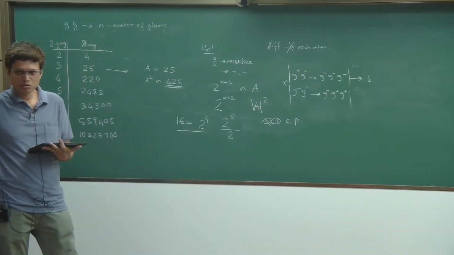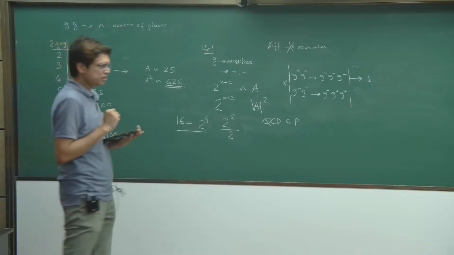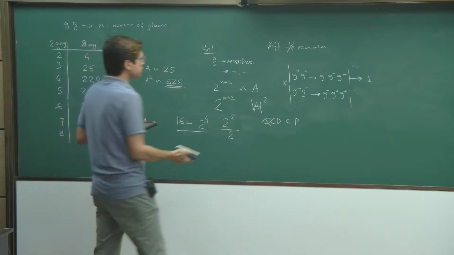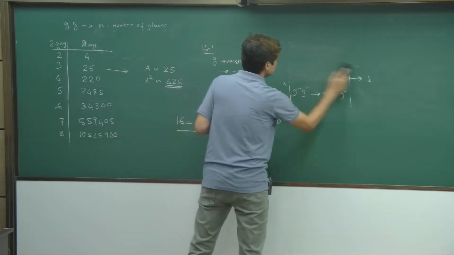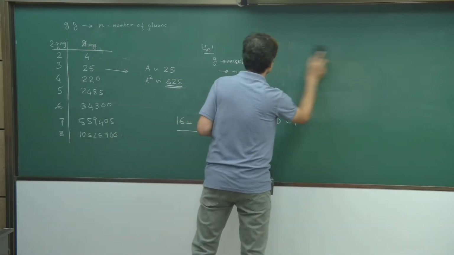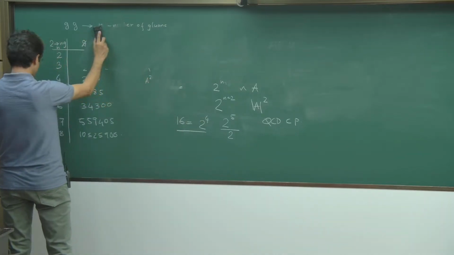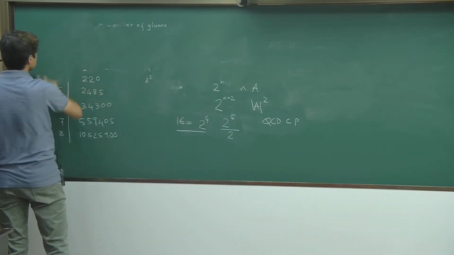So no interference term will appear, only the square will appear. So this is the beauty of this formalism. Now should I erase this? Yeah, okay, fine.